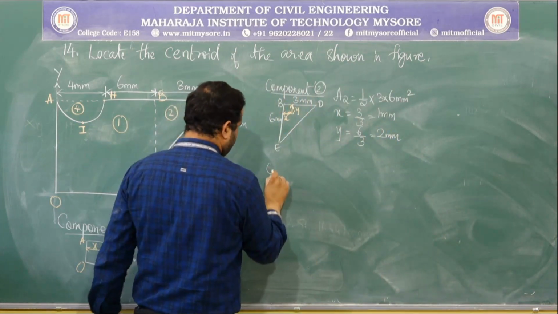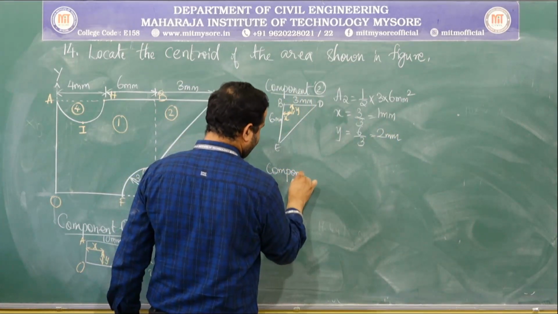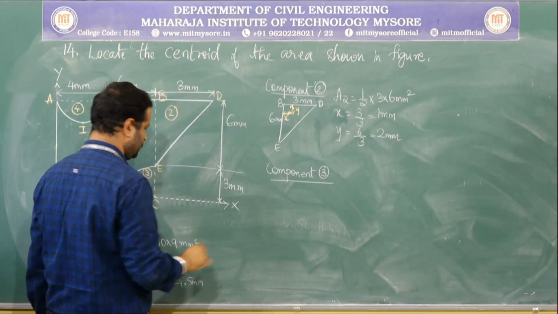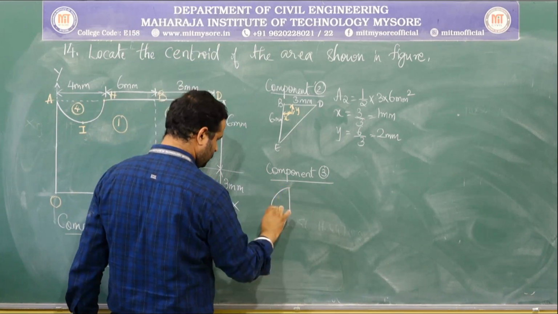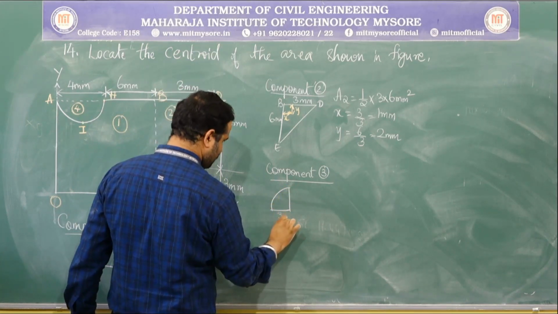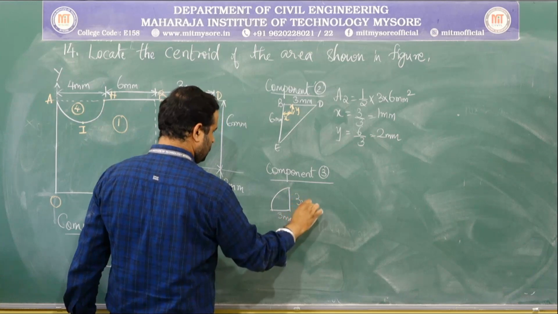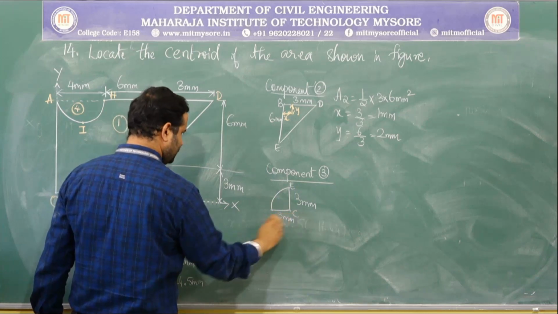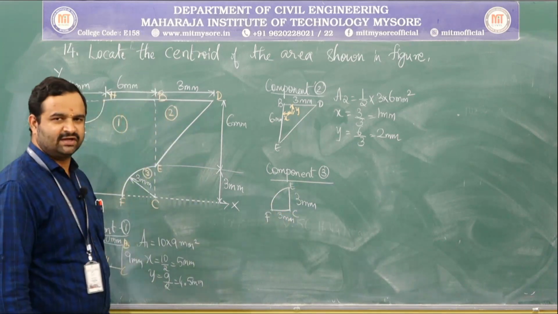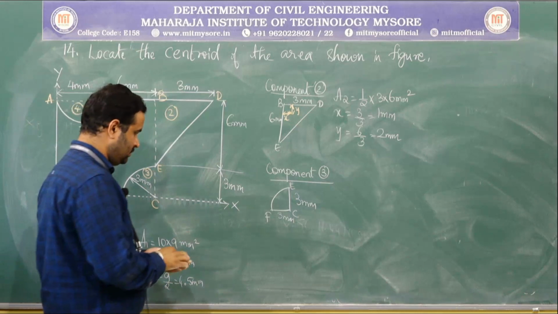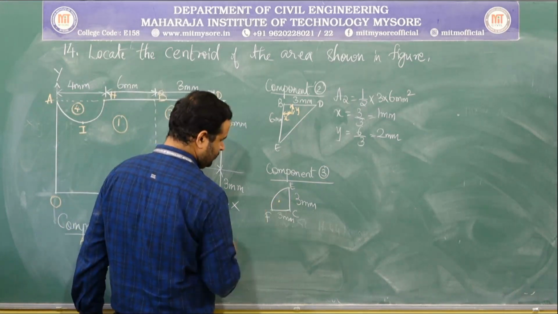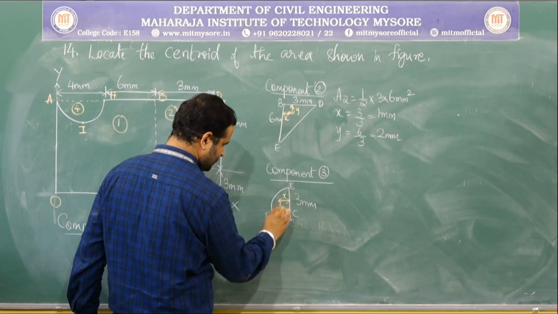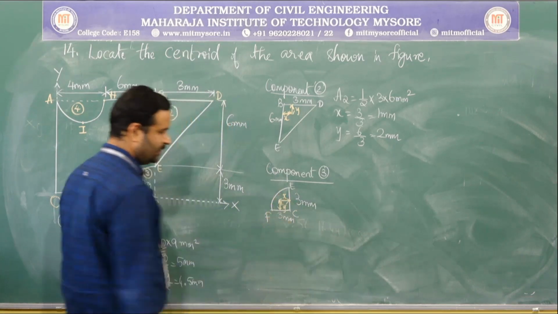And next component 3, which is a quadrant, and its radius is 3 mm. E, C and F. Where does the centroid of this quadrant lie? At this point, and it is measured from this point, which is x, and this is its y.